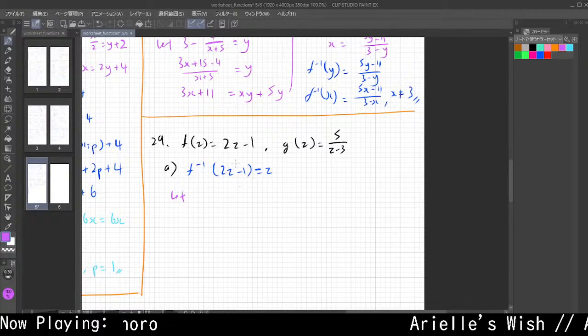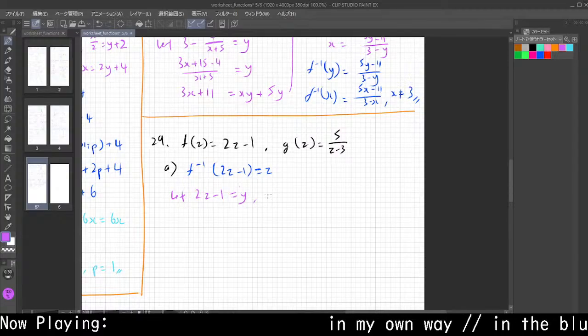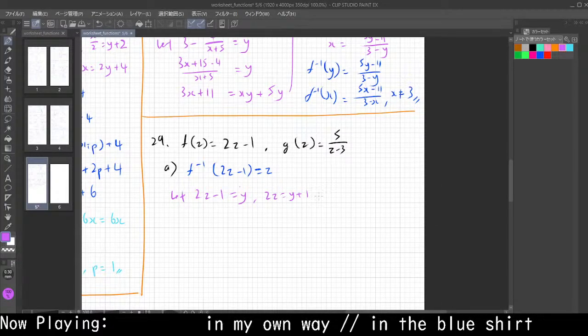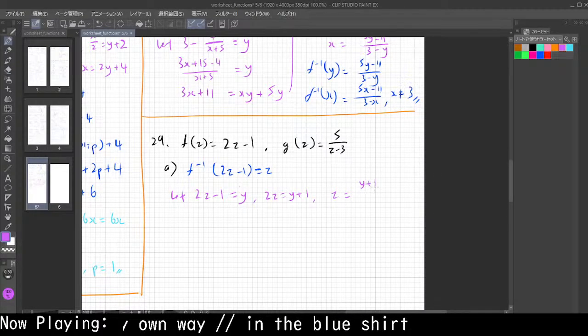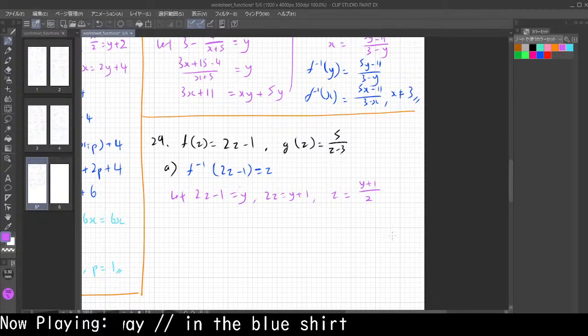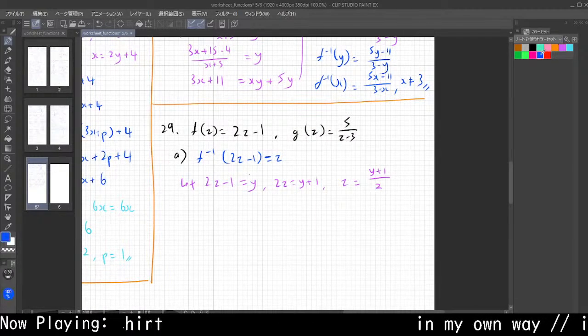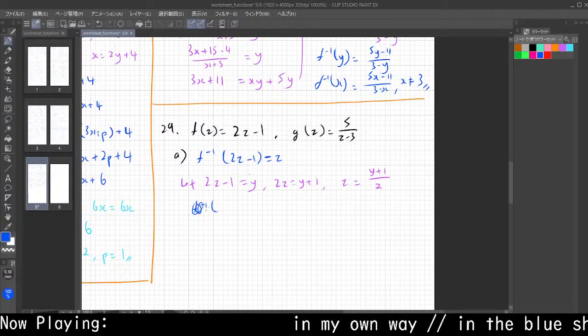Let 2z minus 1 equal y. 2z equals y plus 1. z equals y plus 1 over 2.